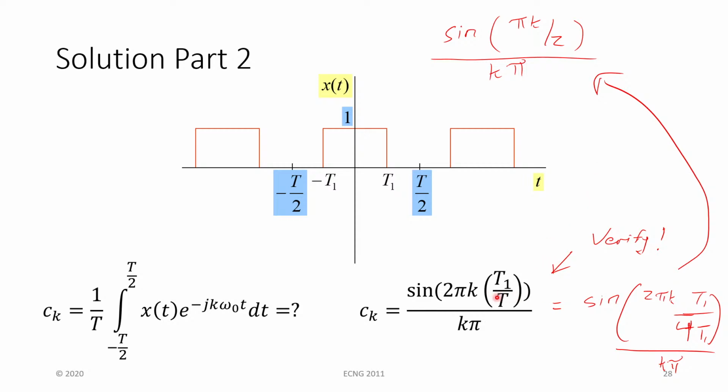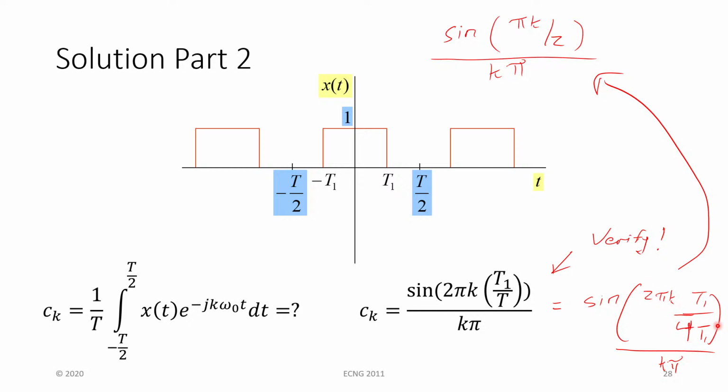So if we say T here is equal to 4t1, and we substitute it in, this will be equal to sine of 2 pi k t1 divided by 4t1 here, because we substitute T equal to 4t1, all divided by k pi. The t1s cancel. 2 and 4 here will give us a resultant value of 2 on the denominator here.